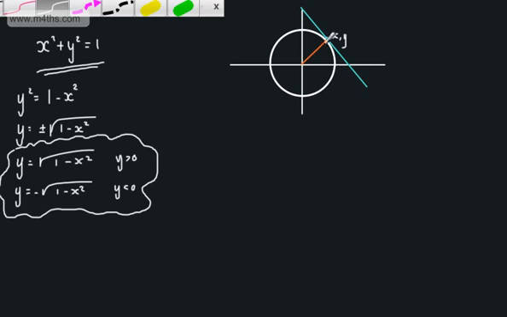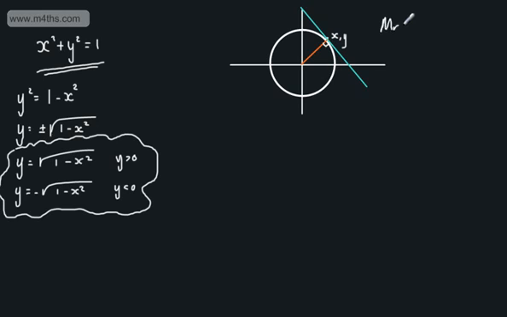So we can believe at this stage now, based on the coordinate geometry we've seen before, that if we have now the radius and the tangent, we can say the gradient of the radius, which I'll call mr, will be equal to y over x.